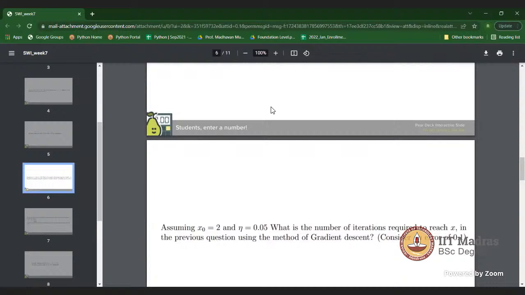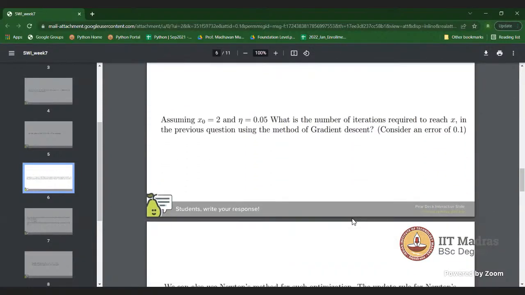But the overall error we will be finding with respect to f of x, our desired objective function. That's the error we are looking at. So the distance that we measure is basically f of x. Yes, that's our main objective, we want to minimize that value. So we should be looking for the error such that the minimum value of f of x is close to this 0.1 range. Okay, sir. Got it. Thank you, sir.